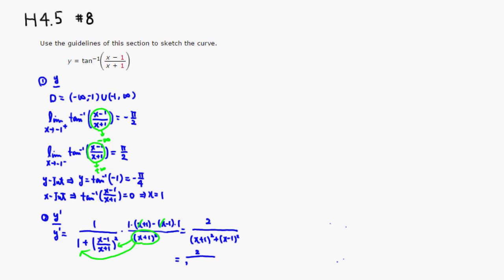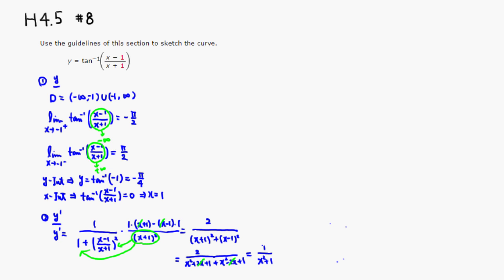So this is x squared plus 2x plus 1 plus x squared minus 2x plus 1. So we can cancel the positive 2x and the negative 2x, and you have a 2x squared and two 1s. So we can cancel that with 2. So it's 1 over x squared plus 1.